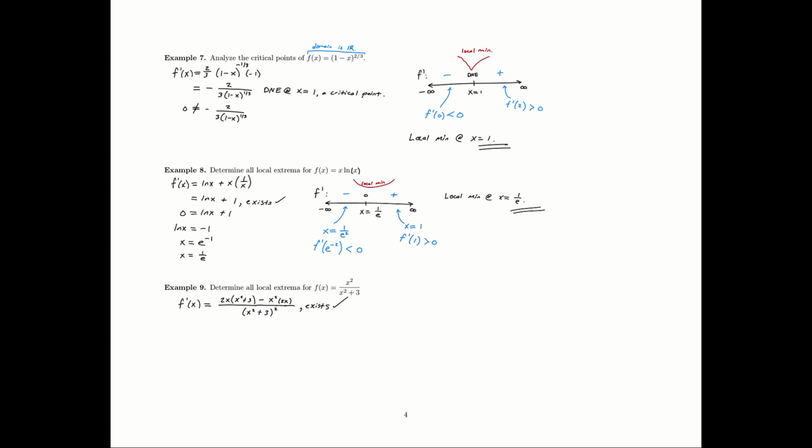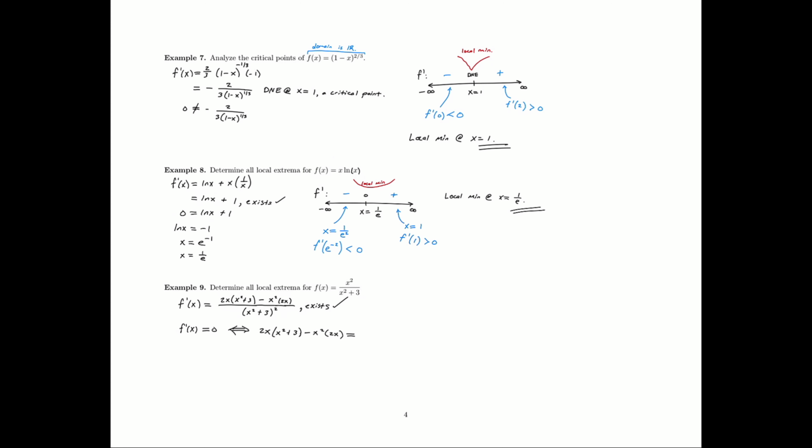Nothing to check there. So we do have to set this equal to 0. Now the only way that a fraction is equal to 0 is if the numerator is equal to 0. So how about we just say f prime of x equals 0 if and only if the top of this expression equals 0.